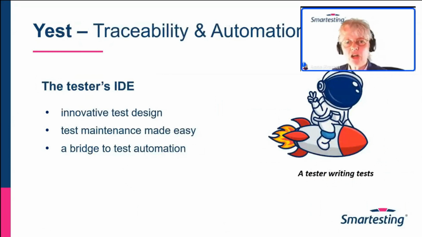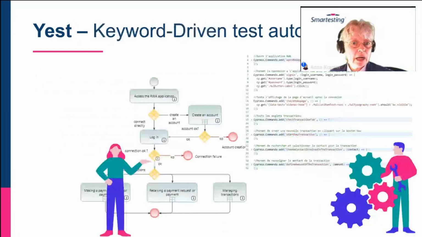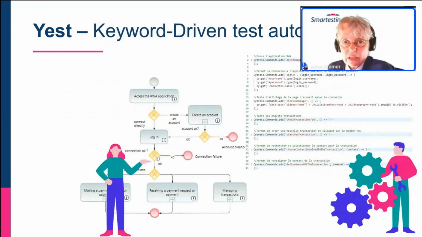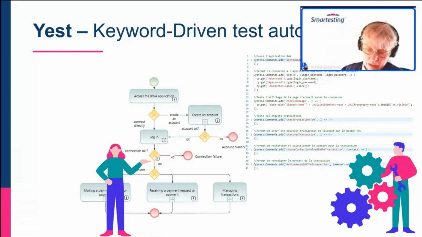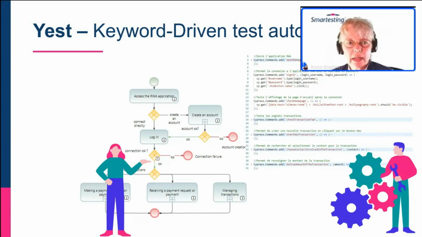I did not show too much of the link to automation and traceability. As I said, this is a separate topic. But just to tell you that if test automation is your topic, and we saw that test automation is an important topic, it can be done also, because in Yest you can also create your scripts, and you create your scripts not manually, you create them by generating them.